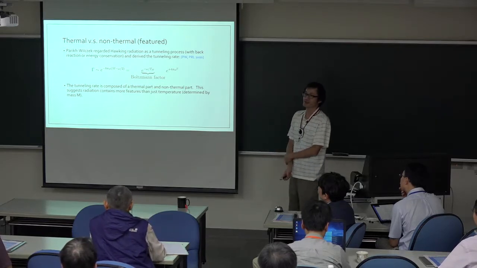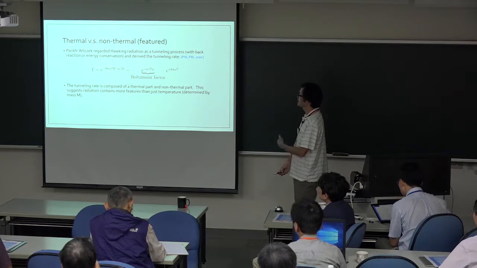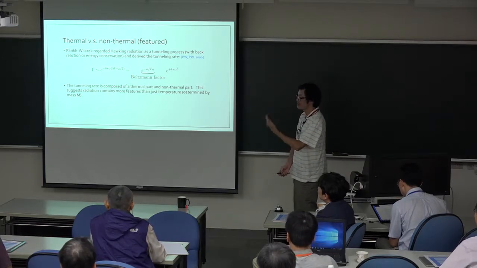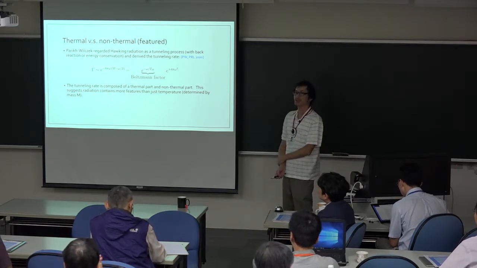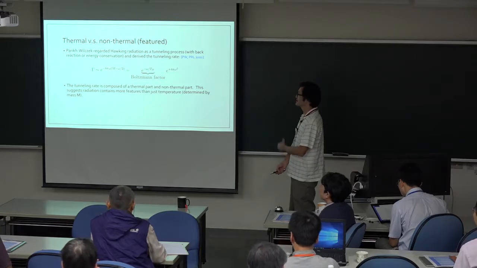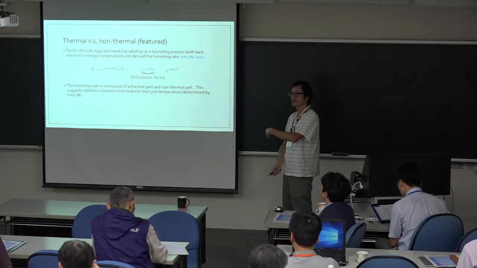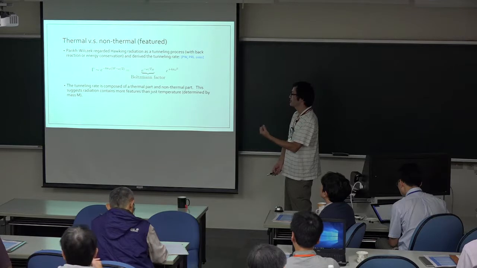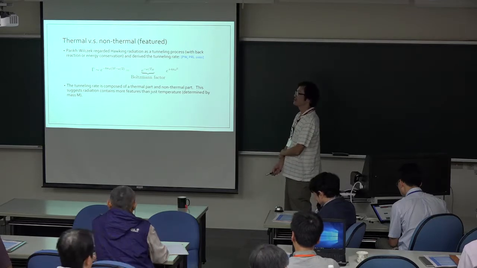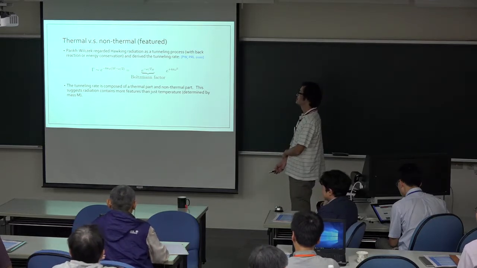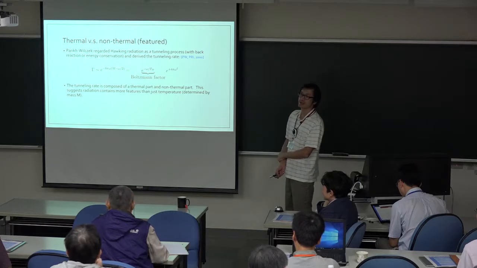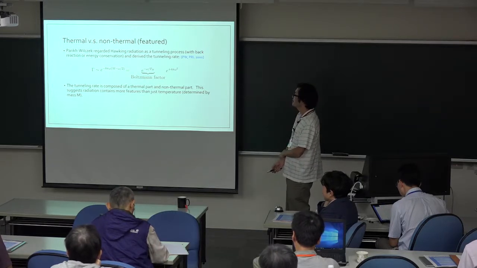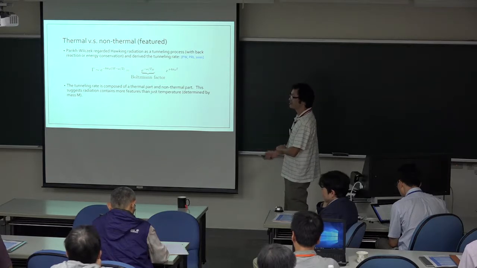But different from the earlier work, their tunneling process demands the conservation of energy, which means the mass of the black hole and the energy of the radiation remain the same during the tunneling. So under that constraint, they can derive the tunneling rate as such a formula.